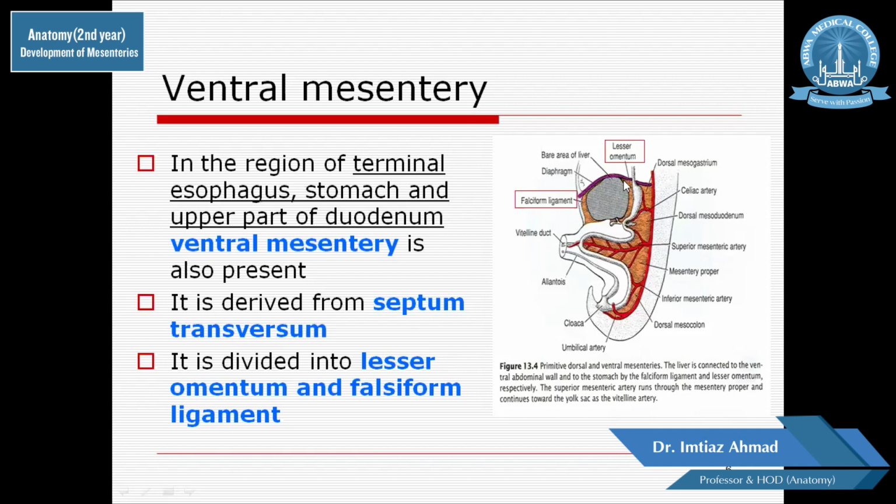The ventral mesentery between the stomach and the liver is known as the lesser omentum. And between the liver and the anterior abdominal wall, it is known as the falciform ligament. So the ventral mesentery is divided into lesser omentum and falciform ligament by the development of the liver over here.